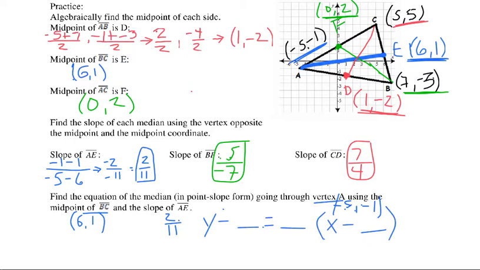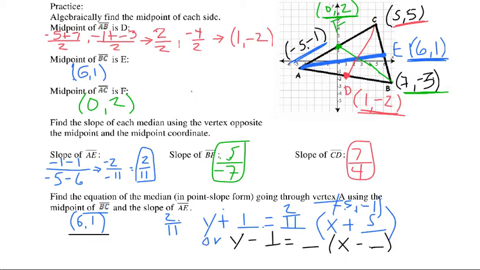Then for my y value, since it's a negative 5, it should be a plus 5 in my parentheses. So that's one of the setups. The other one would be y minus 1 from over here with the (6, 1). My slope is still 2 over 11, and the x value would end up being a 6. So there are two different answers you could have, and either one of those would be fine.